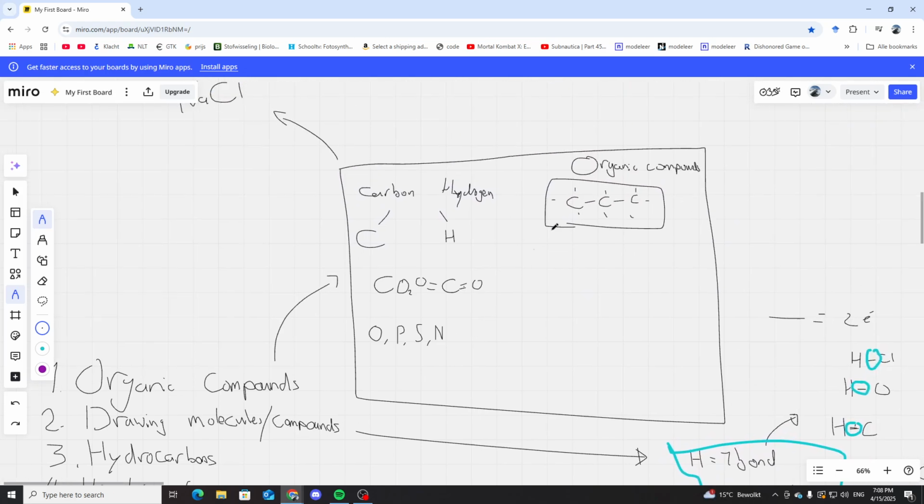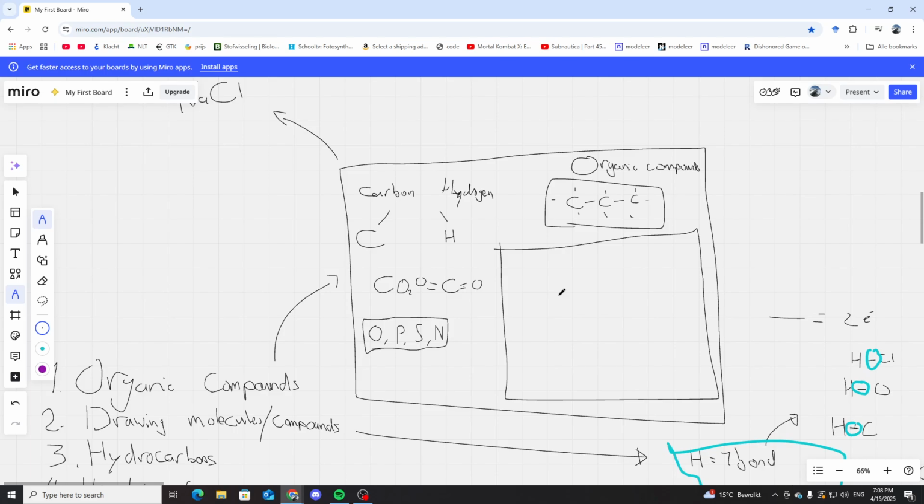So, back to this big square. We have organic compounds. This is this big group of molecules or compounds that contain carbon and hydrogen and can also have these different atoms in them. Hydrocarbons are a group within the group of organic compounds.